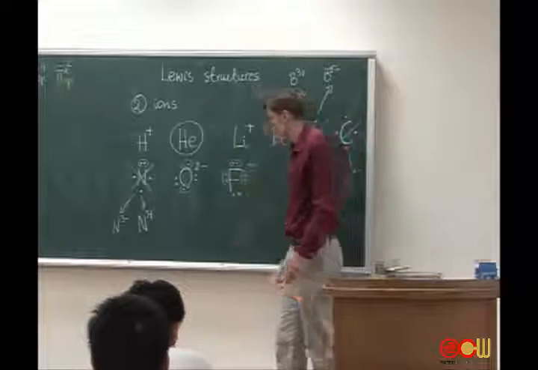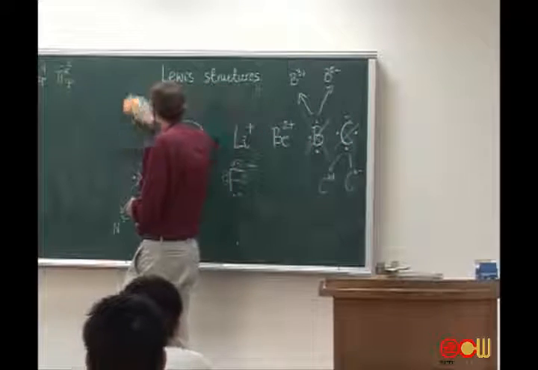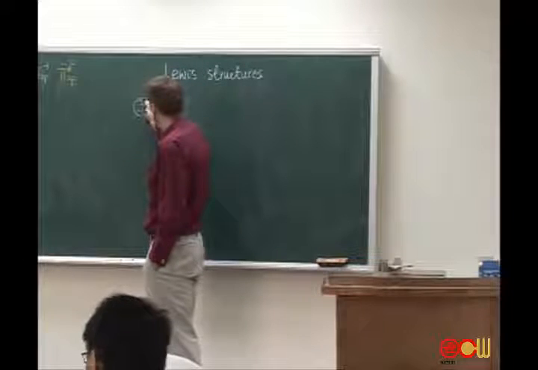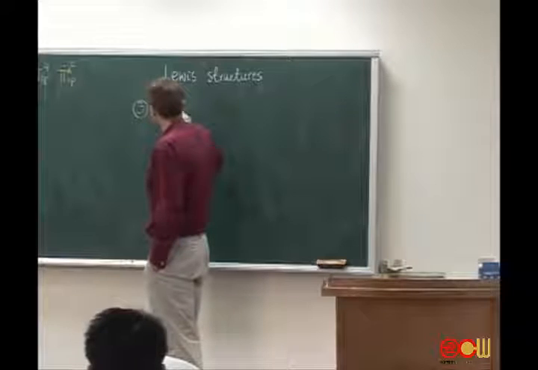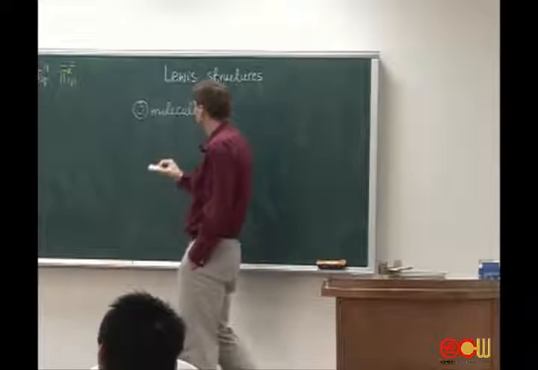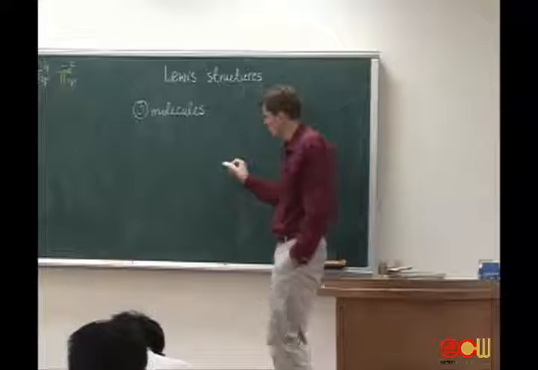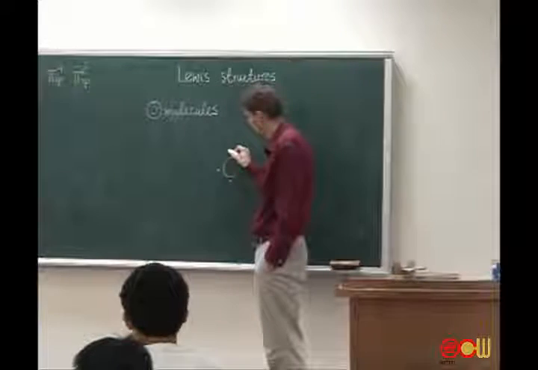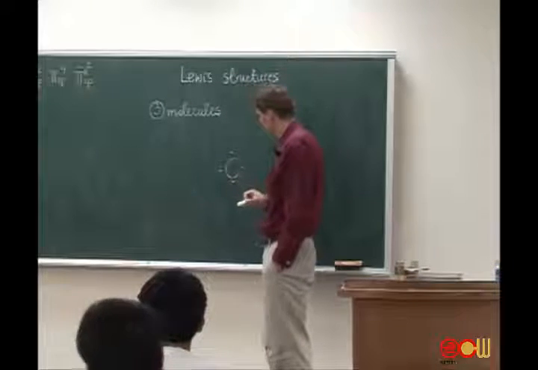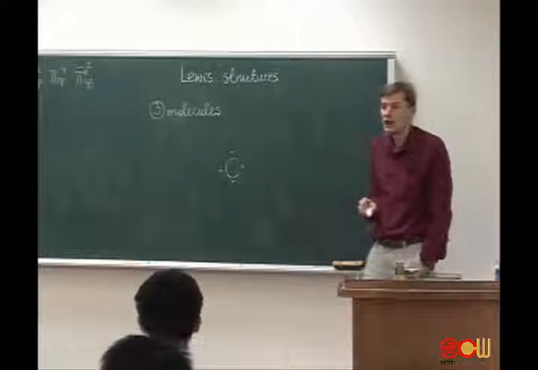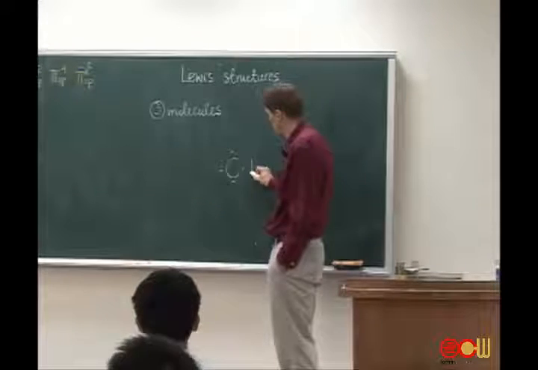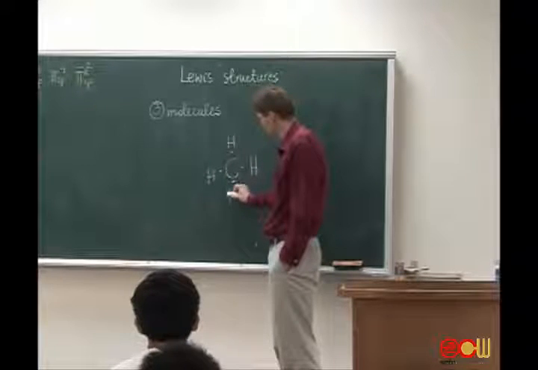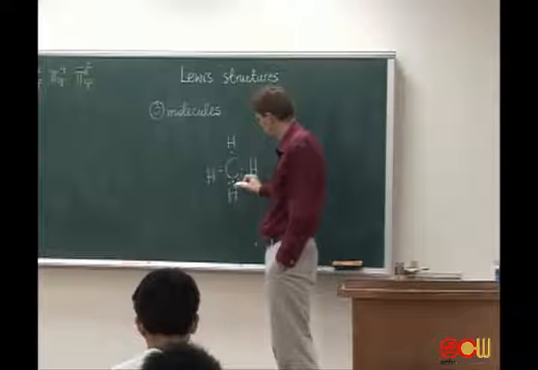Now we go to molecules. For a molecule, you put the central atom in the middle. You make the Lewis structure for the atom. And now you take other atoms in this molecule, for example hydrogens, and put them around, each of them with 1 dot.